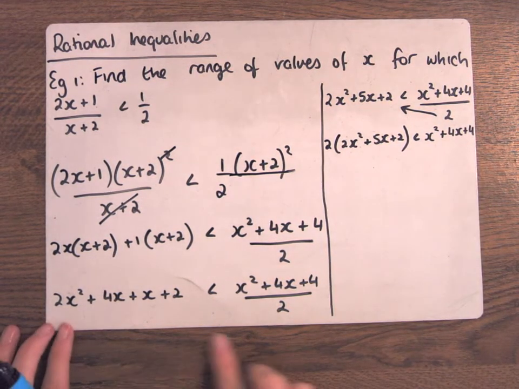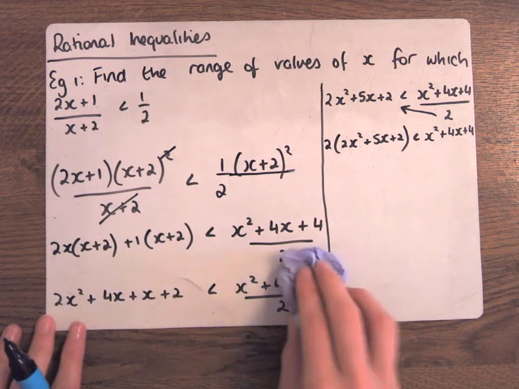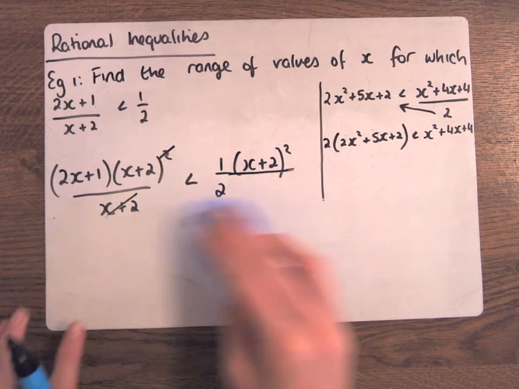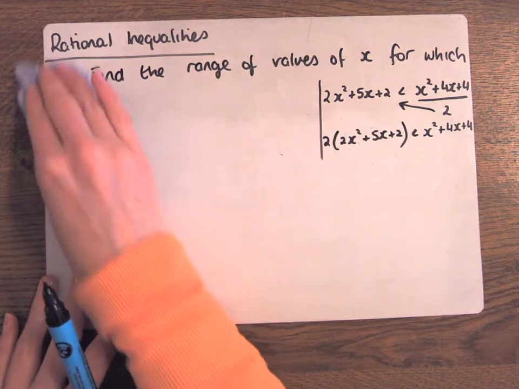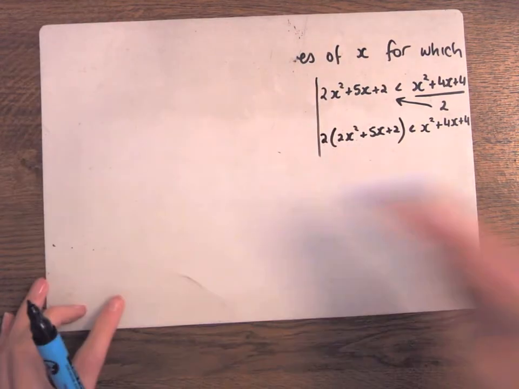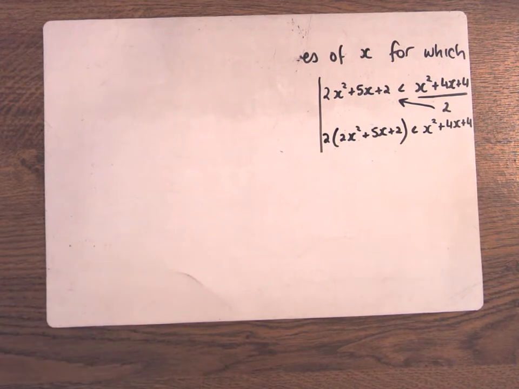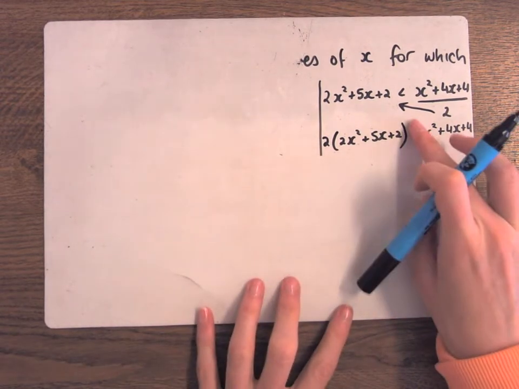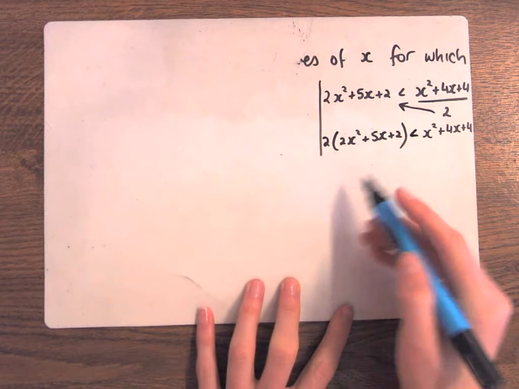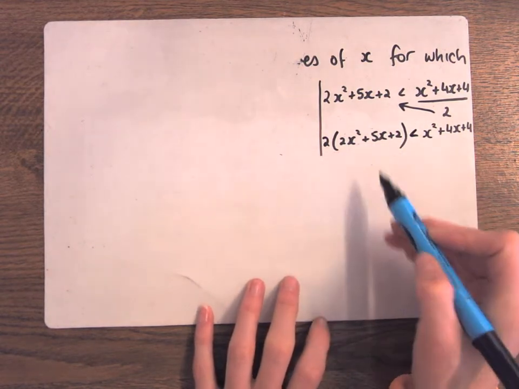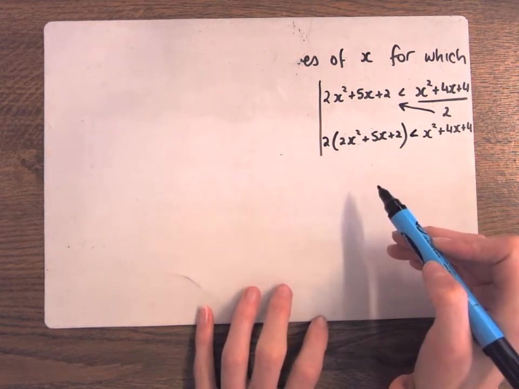Can I get rid of what's on the left hand side here? I just want to make a bit of room. Okay, so all I've done is I've brought that 2 up and outside that, and I'm going to multiply it in. Everyone okay with that?